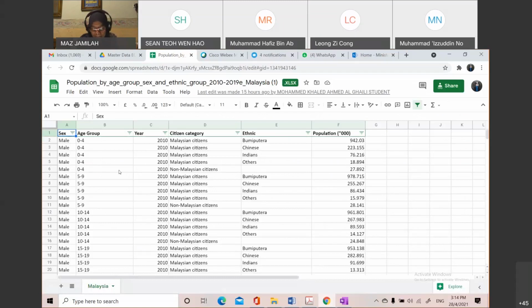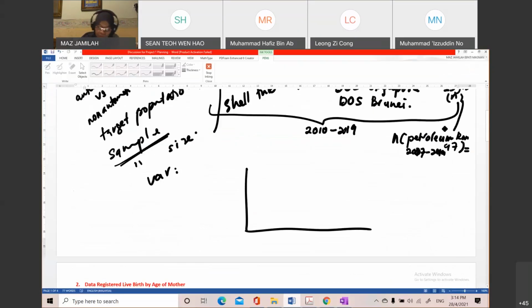Gender, because I want to talk about the natural sex ratio. Natural sex ratio. Okay, so if you are talking about gender, you have female and male, and we are talking about 2019 only.